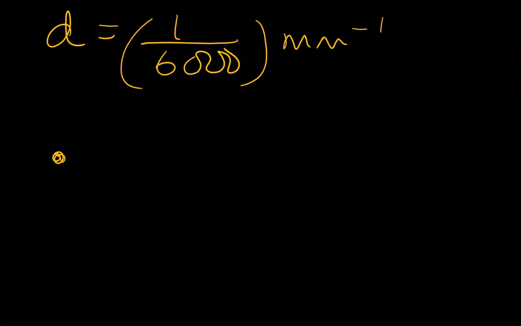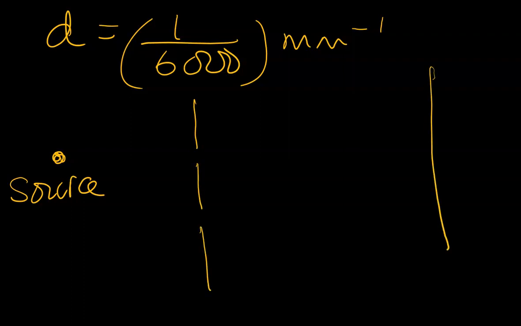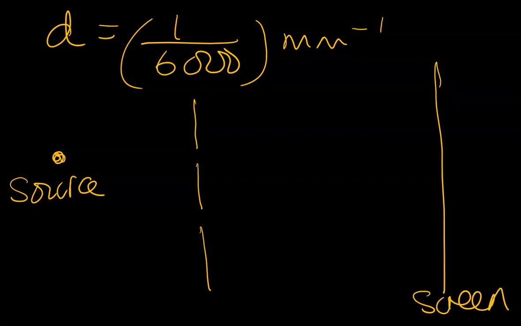So you had a source, and many times some people put a single slit to show that you just want to spread it out as much as possible to have a very prominent pattern, right? So essentially you're going to have your screen here where you are going to observe the pattern, you have your slit spacing.